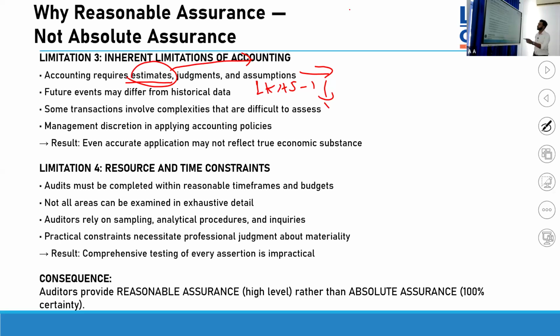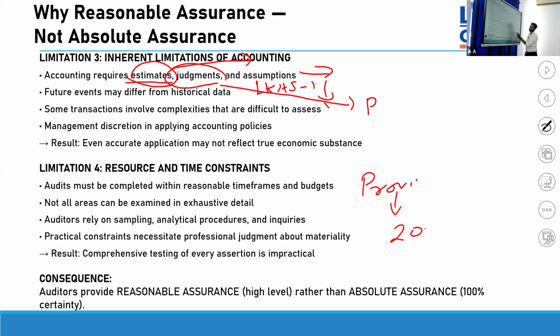Also, we need to make judgments, right? When we are accounting for bad debt or doubtful debt, then we use our judgments, right? We may provide for bad debt allowance, let's assume 200 million. We assume we won't be able to recover rupees 200 million from the debtors.